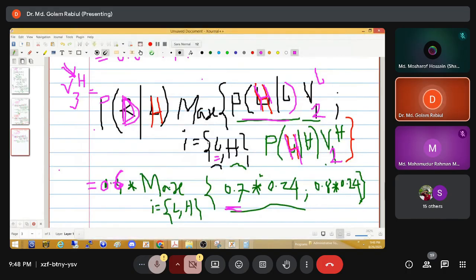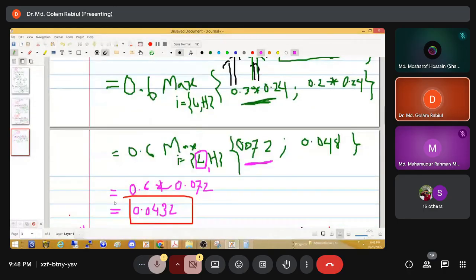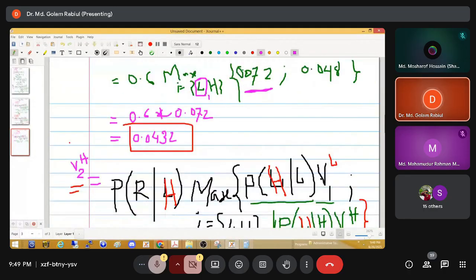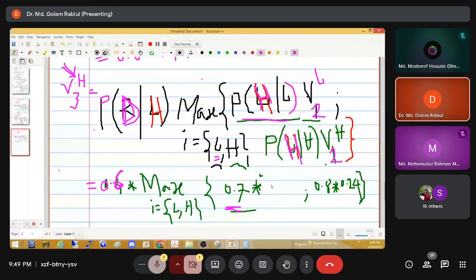And then V2L. In V2L we already got V2L is 0.0432.